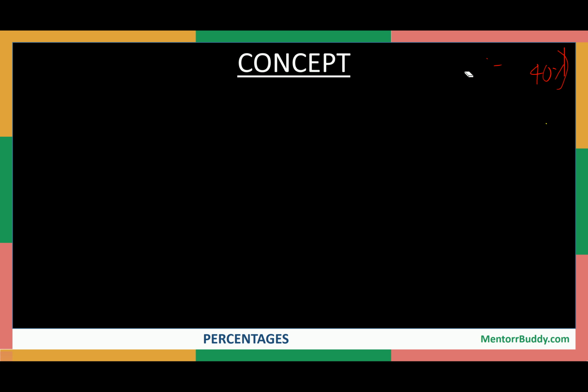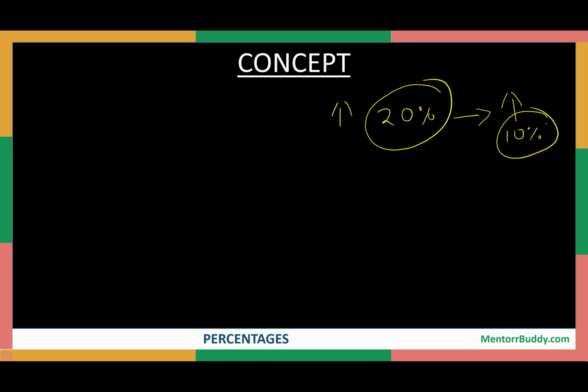For example, if the price of an article is increased by 20% in a year, and then in the next year it is again increased by 10%, then what will be the effective percentage increase in the price of the article? It looks like a 20% increase and a 10% increase, so it should be 30%.